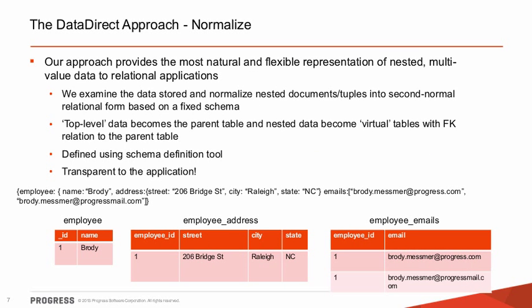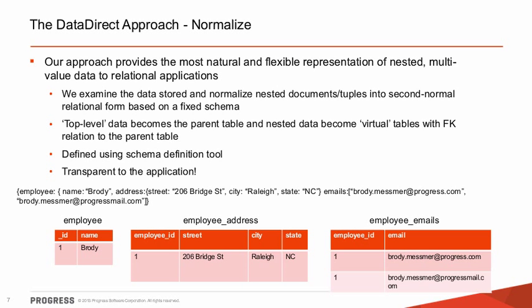So this month, we pushed out our new data connectivity approach to MongoDB. We like to refer to it as normalization. We throw that term around because to us it's a patent pending concept where you can take non-relational data in Mongo and make it look like a relational data source.